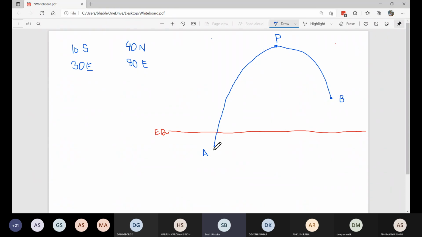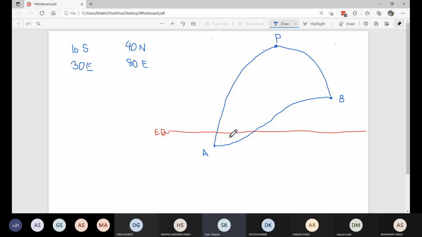But if you are worried about the accuracy of the diagram, then when you go from point A up to the equator, you show the curvature toward the south pole, something like this. And when you go from the equator to position B, you show the curvature towards the north pole, something like this.